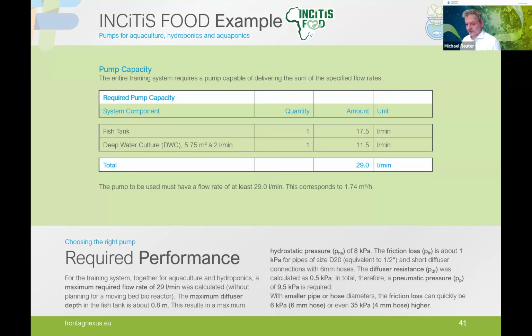And that's where we see that it's really important not to use too small piping for the aeration system, because then we get up to ranges that we don't want to have if we are looking at our pump and also at the electric efficiency of our pump.